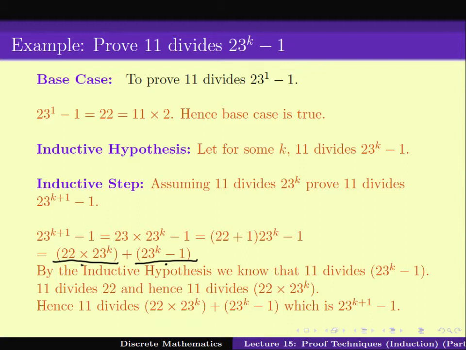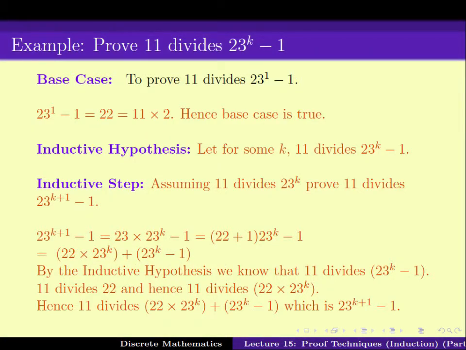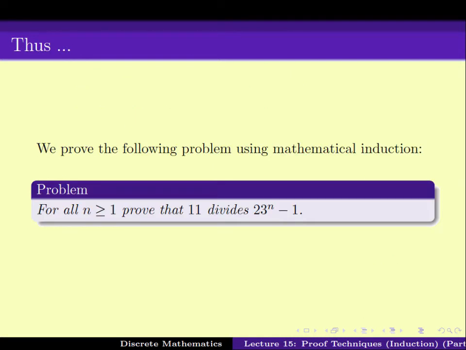But the base case and the induction hypothesis, along with, of course, the principle of mathematical induction, help us to prove that this statement is true for all k, or in other words, for all k, 11 divides 23^k minus 1. Thus, we have proved that for all n, 11 divides 23^n minus 1.